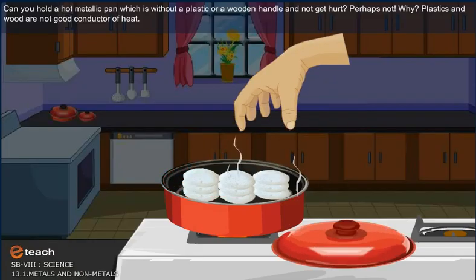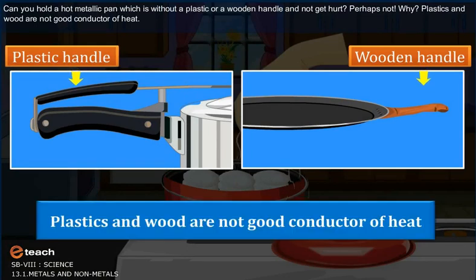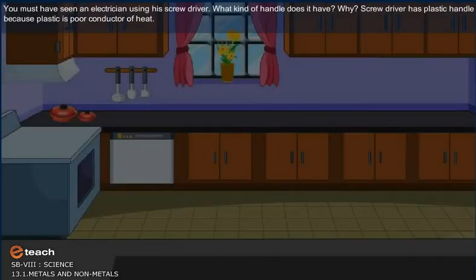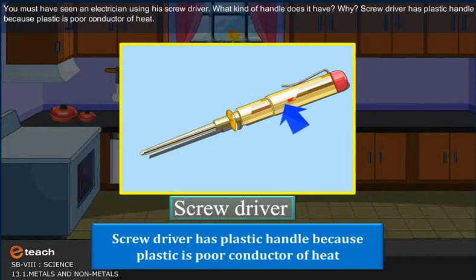Can you hold a hot metallic pan which is without a plastic or a wooden handle and not get hurt? Perhaps not. Why? Plastic and wood are not good conductors of heat. You must have seen an electrician using his screwdriver. What kind of handle does it have and why?